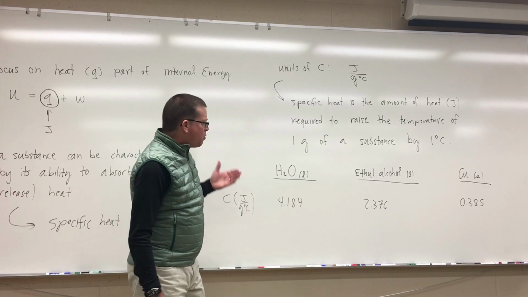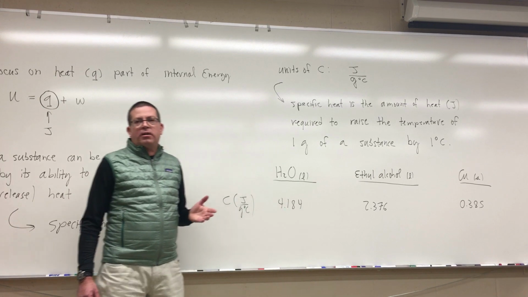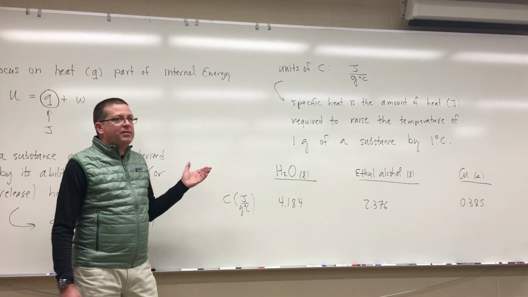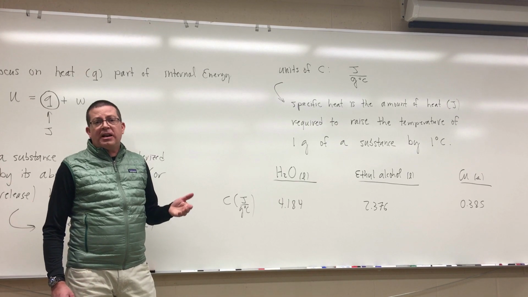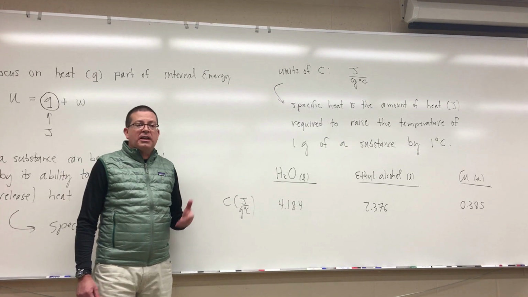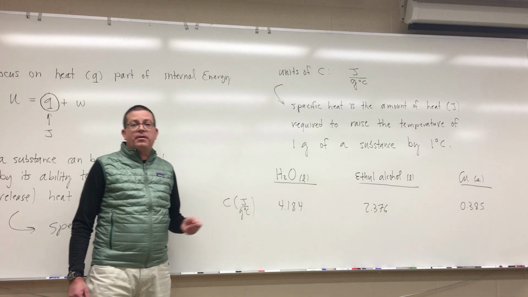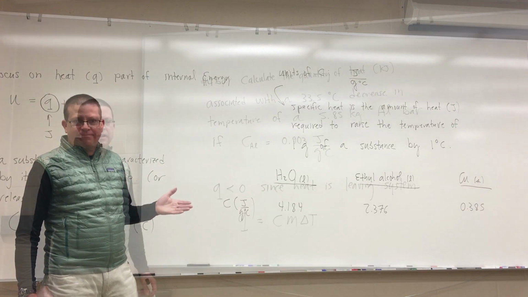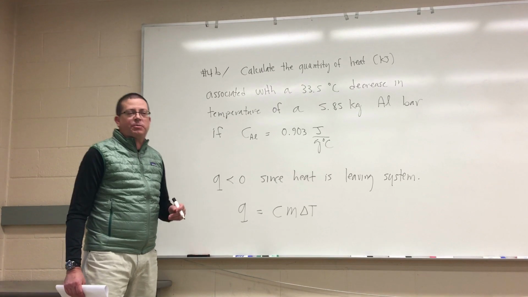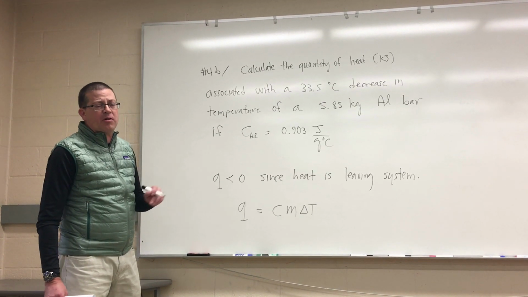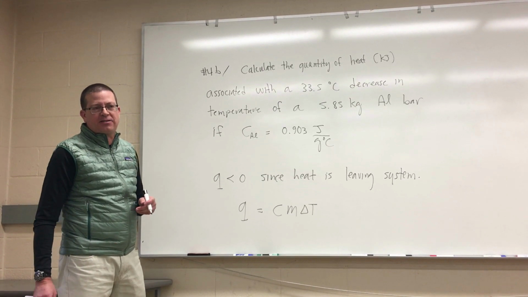What we want to do next is see how we can use specific heat in the context of an equation to determine exactly how much heat can be absorbed or given off by a particular substance. Let's take a look at a simple example using specific heat. This is a typical kind of calculation that you might be asked to do.